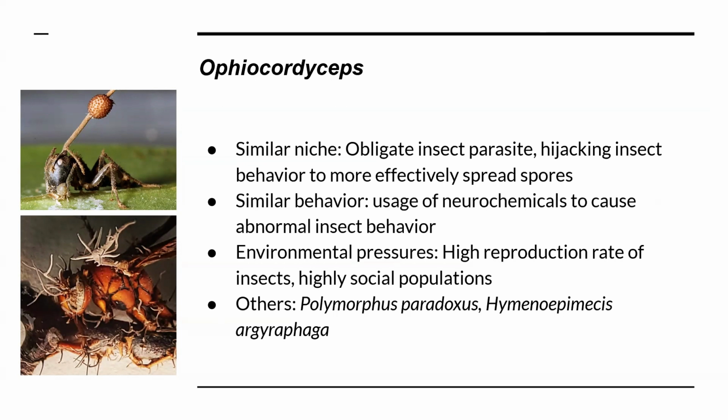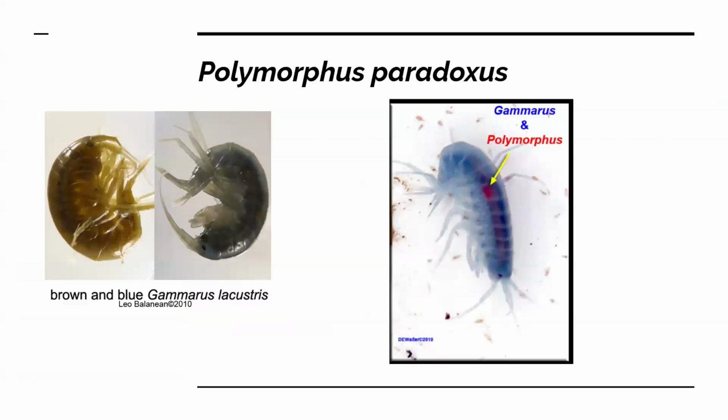A couple other examples of this that are even more genetically distinct from Massospora are first this guy, Polymorphus paradoxus. This is a worm, so not even a fungus, and it infects crustaceans, which are arthropods just like ants and just like cicadas.